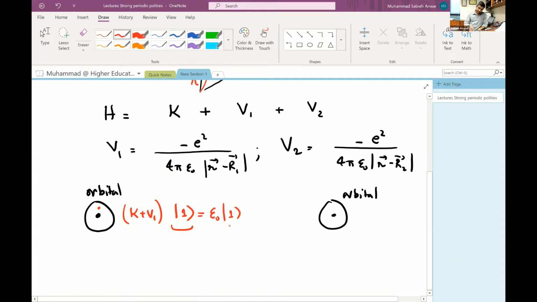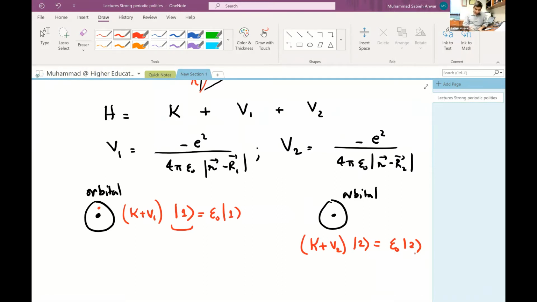So E naught is the eigenenergy of the Hamiltonian corresponding to the first atom. The second atom is totally identical. So if we were to define an atomic orbital ket 2 that belonged to the second atom, and we're using ket 2 because we would like to distinguish it from the first atom, then this is going to be an eigenfunction of K plus V2 with the same energy because the two atoms are identical. So this is our starting point for the discussion.